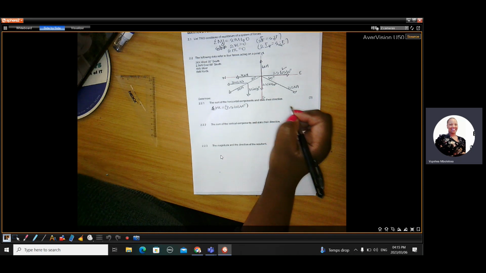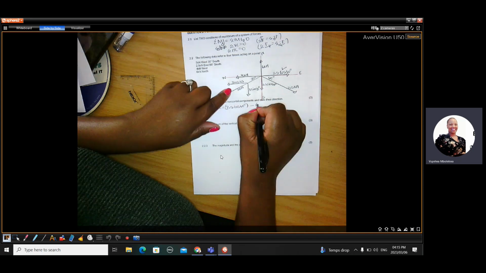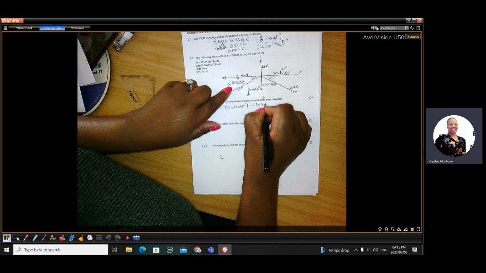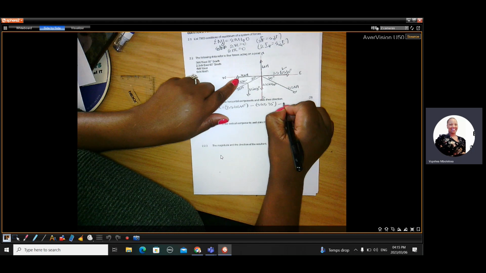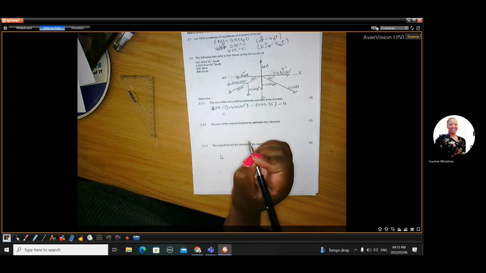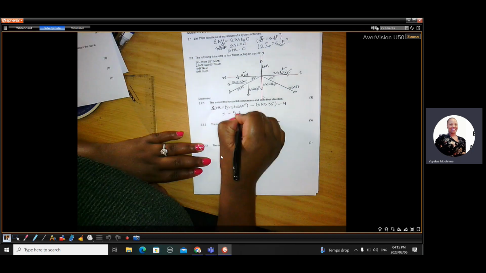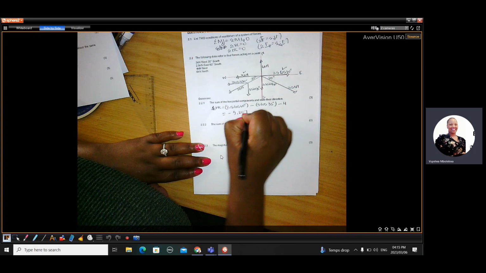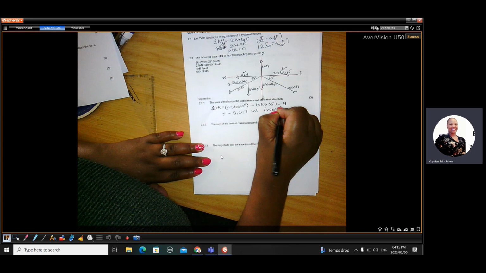Then the others are negative, minus 3 cos 35, which is this one, minus 4, which is this one. We minus them because they are facing to the west. So the answer here came as 5.207 kilonewtons. Because it's negative, you must indicate that it's going west.